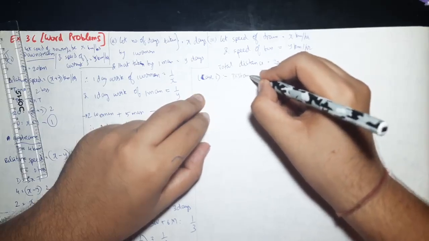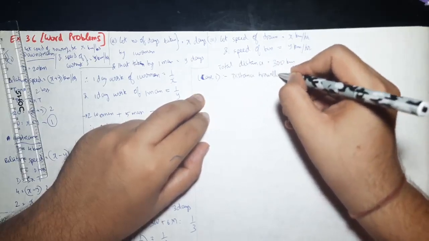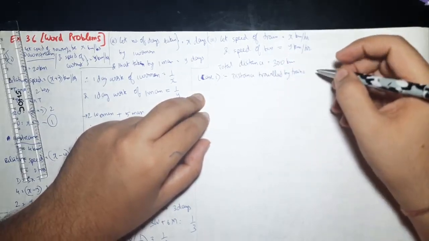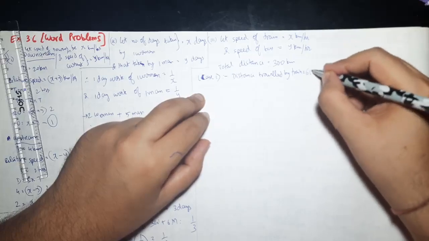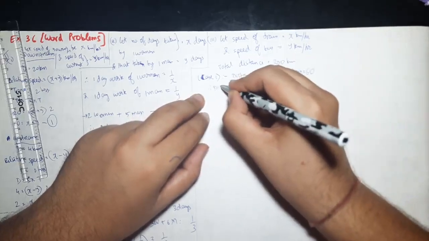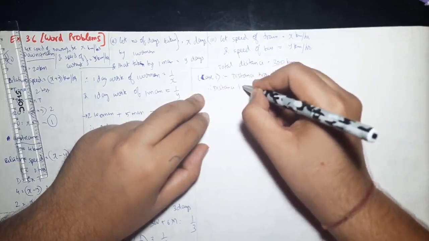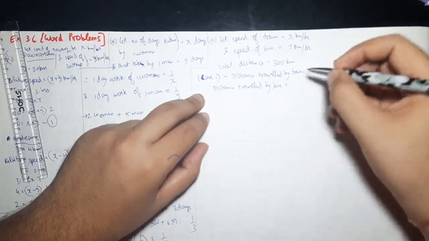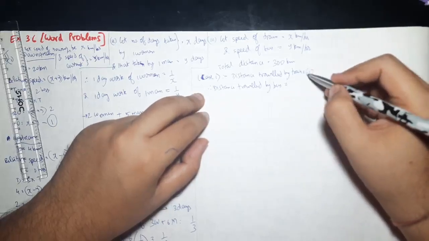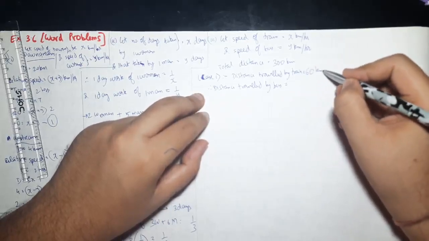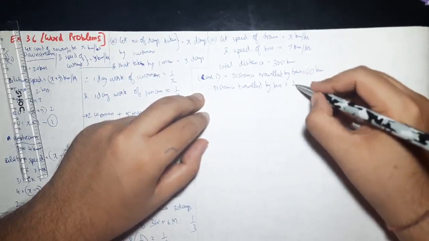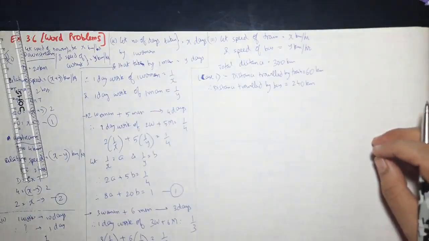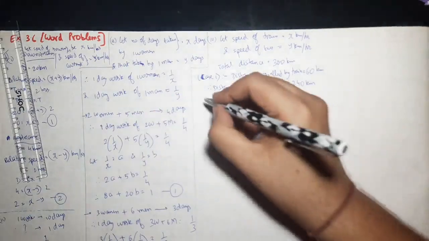The distance traveled by train is 60 kilometers. Therefore, the distance traveled by bus will be, total is 300 kilometers, train is 60 kilometers, so distance traveled by bus will be 240 kilometers.